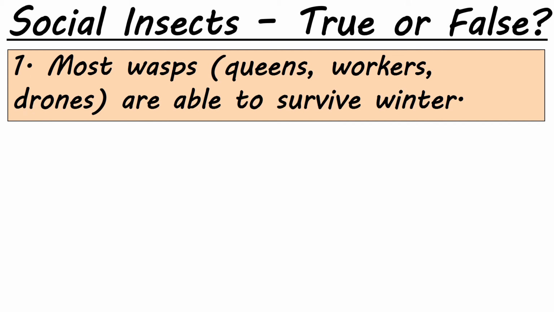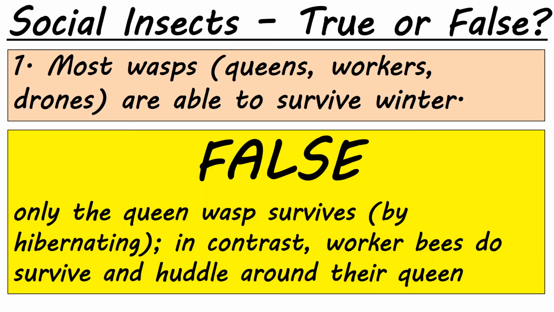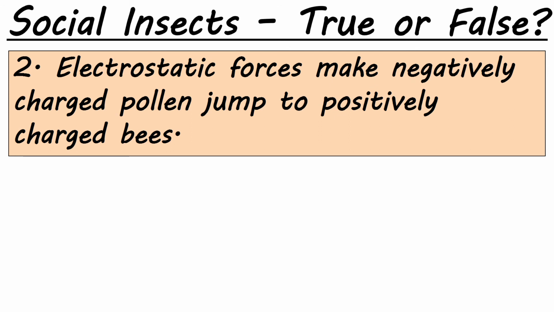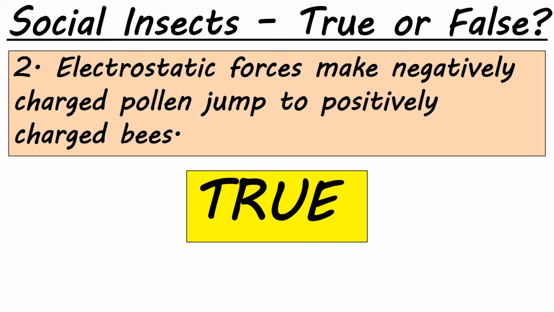So number 1, most wasps are able to survive winter. That's false. So only the queen wasp survives, so it hibernates, and then the worker bees, they do survive and huddle around their queen. Number 2, electrostatic forces make negatively charged pollen jump to positively charged bees. That is true.